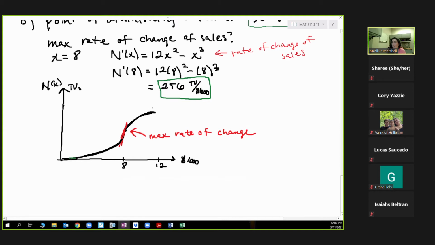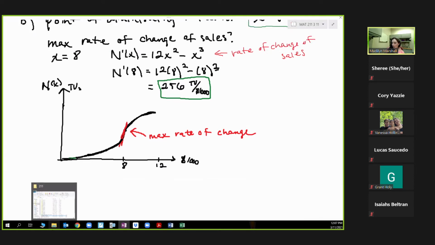No matter how much we're spending on advertising, the sales are increasing. So this is a fully increasing function on 0 to 12. It's just that we're selling more TVs for the money we're spending on advertising when we're spending $8,000.